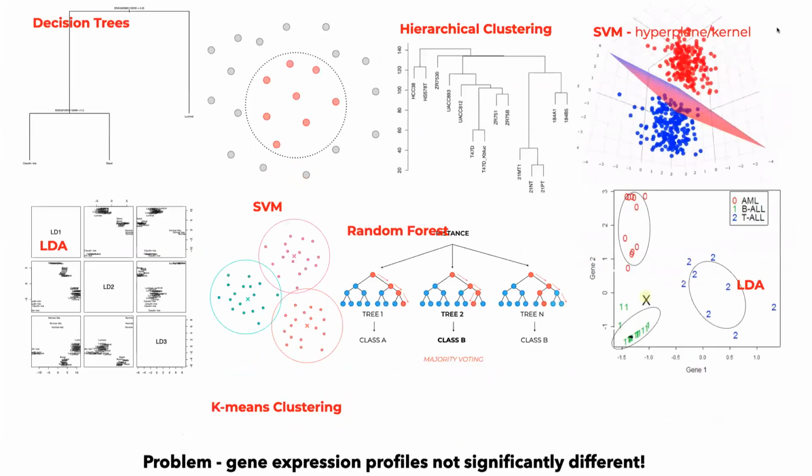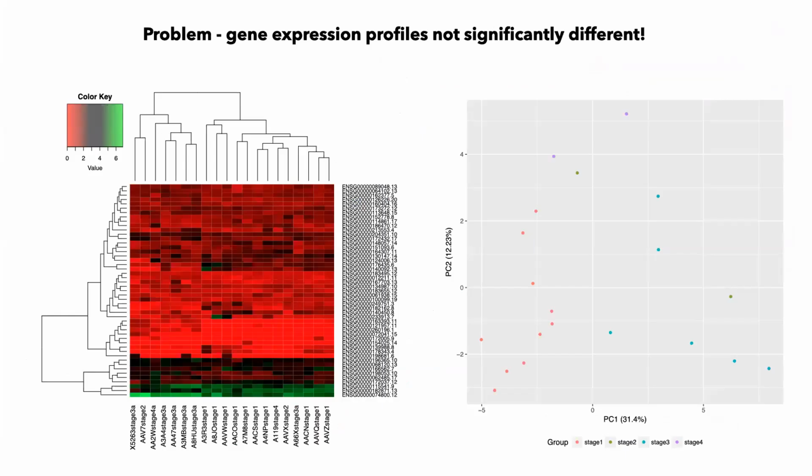We will also speak about making machine learning models more transparent and easily explainable when we present the results of our analysis to collaborators that might come from a clinical or biological background.